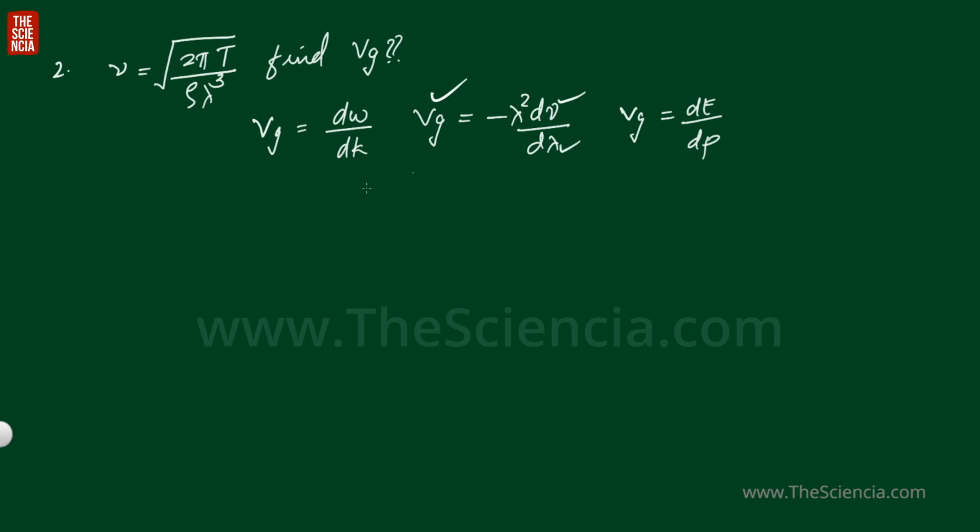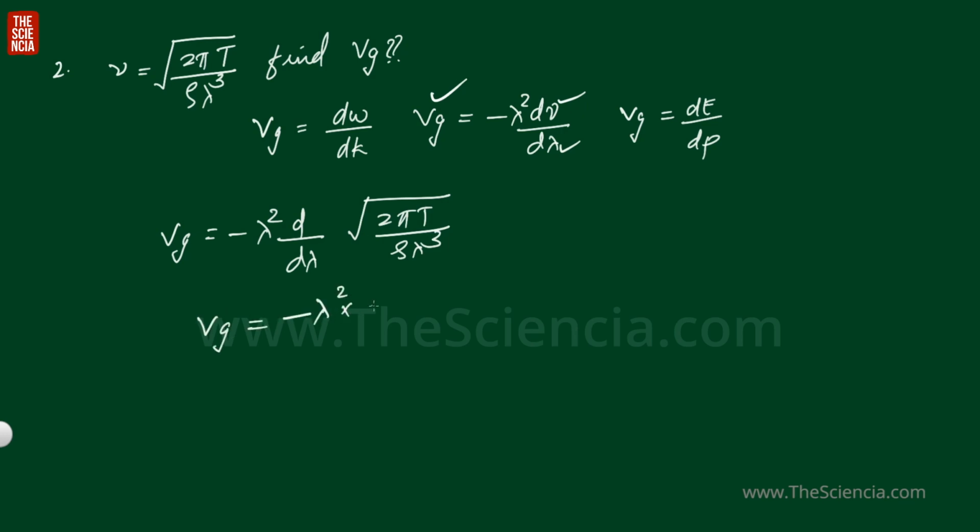So we can use this equation, that is we get Vg equal to minus lambda square d by d lambda of nu. Nu is root of 2 pi t by rho lambda cube. So what we get? We get this is equal to minus lambda square into 1 by 2 into derivative of this function, that is rho lambda cube by 2 pi t, into derivative of this entire term with respect to lambda cube.